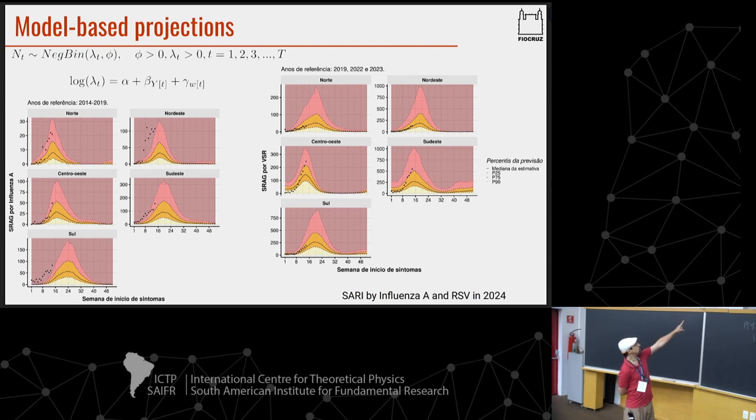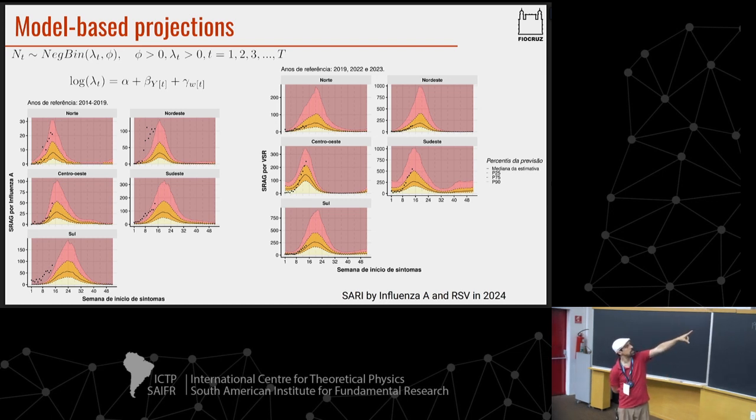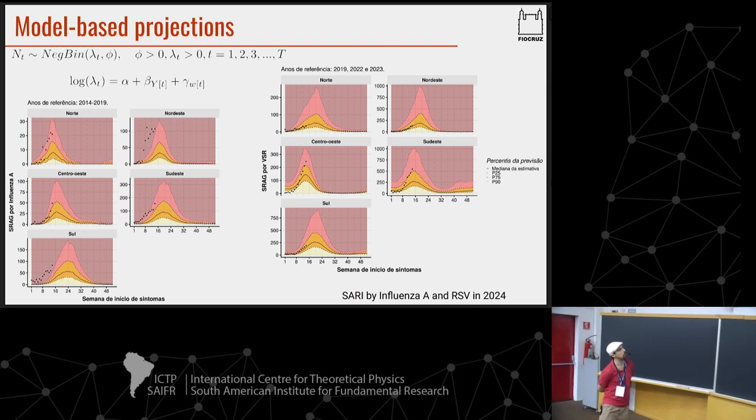And also, the time of year is slightly different. Right? You can see on the right-hand side that RSV in the south, the peak is closer to week 20, more or less. For influenza, week 24, one month later, more or less. Usually. And the same pattern we see for the other regions as well.